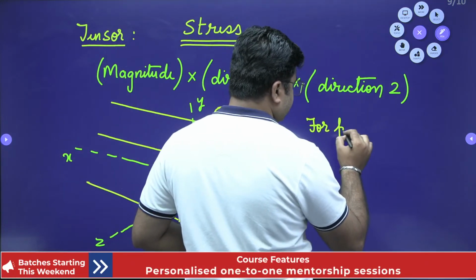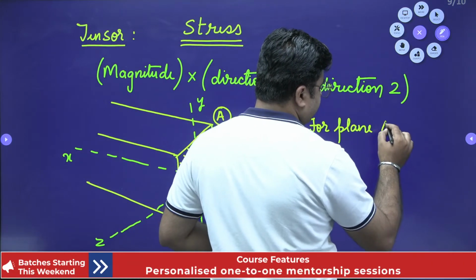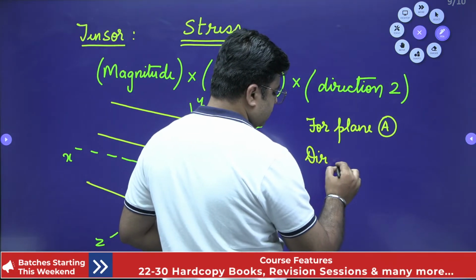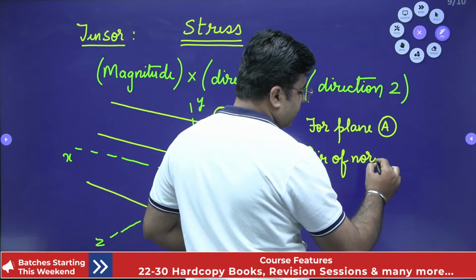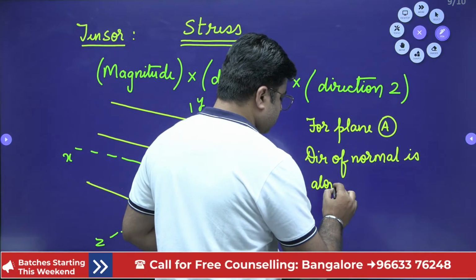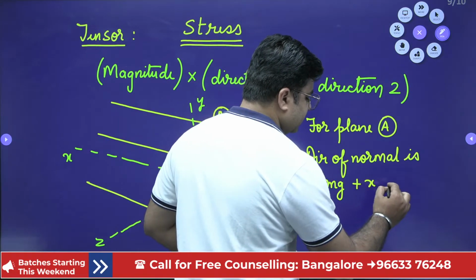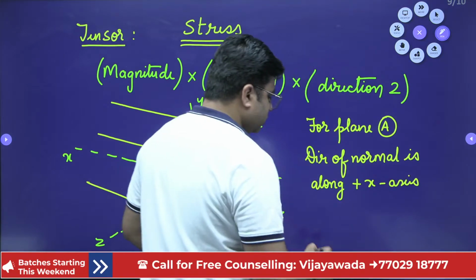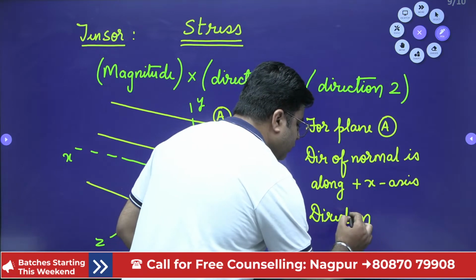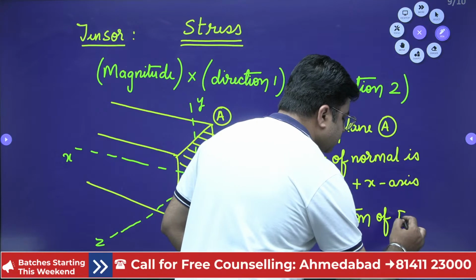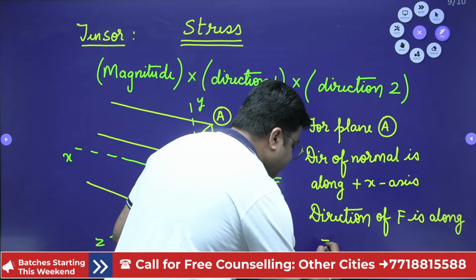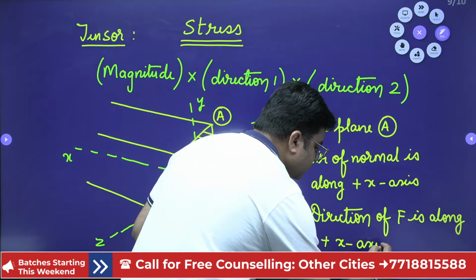For plane A, the direction of normal is along the positive x-axis, and also the direction of force is along the positive x-axis, right?